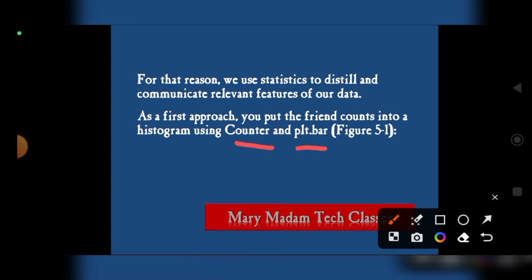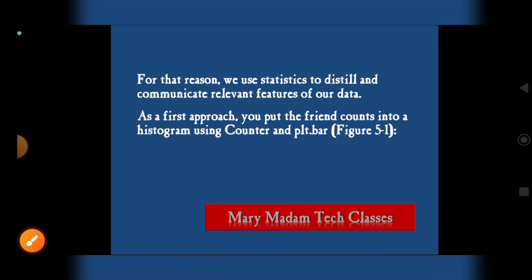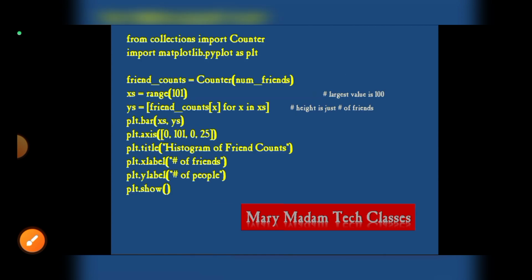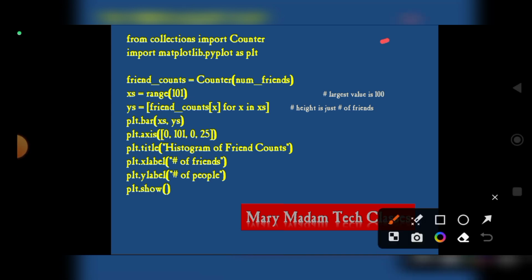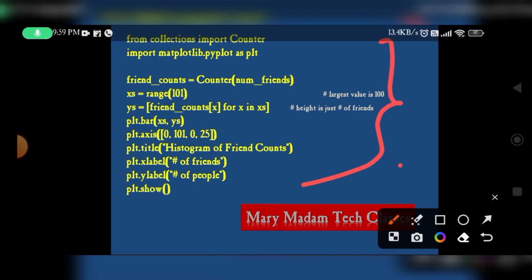We are going to use these two to create a histogram with friend counts. Let us see about this one. Here we are going to see a Python code, going to create a histogram using this code.